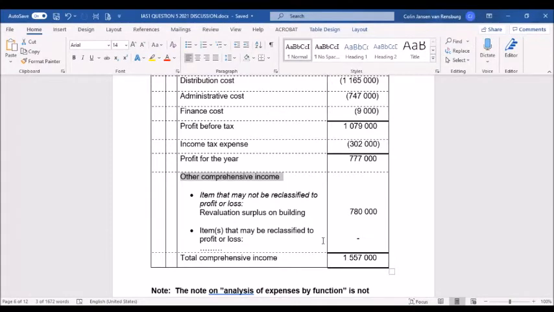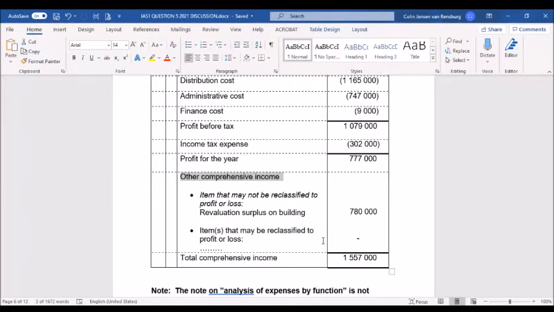Then you can reclassify that gain, which you have originally recognized as part of your other comprehensive income, take it upwards to your other income, and then recognize it as part of the profit for the year.